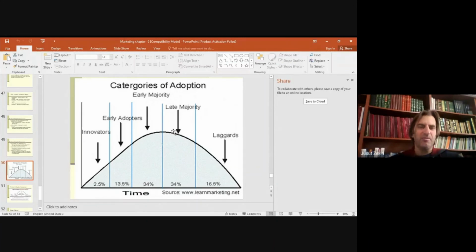I think companies, if you saw the slide, usually look for early adopters because those are opinion leaders, right? And those might serve as word of mouth. They would help companies promote the products, etc. So generally, these are categories of adoption.